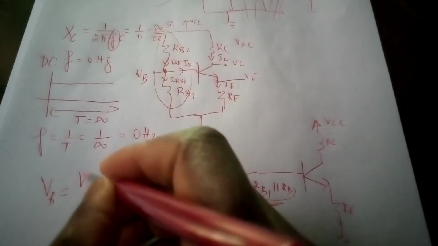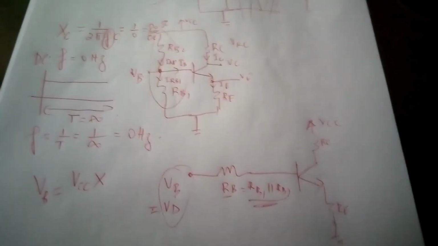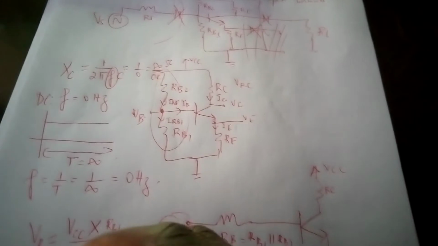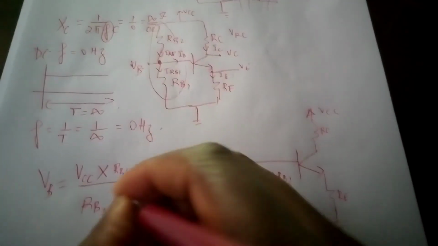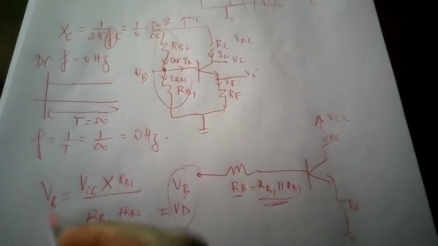The VB here is calculated by voltage divider, and that is obtained as VCC times the lower resistor, of course RB1 in this case, over the sum of the two resistances, RB1 plus RB2. That's how you would normally get VB.